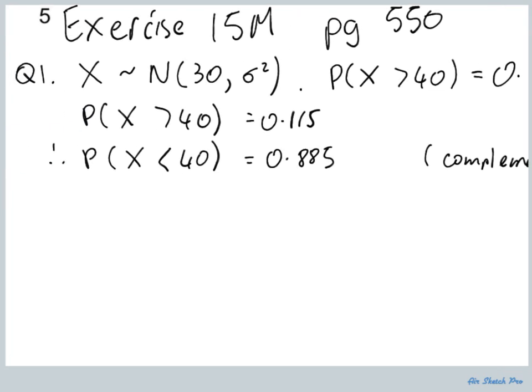Alrighty, so now we are going to standardize our normal distribution. We have a formula: the standard variable Z is given by x minus the mean, all over the standard deviation. That's the conversion rate.